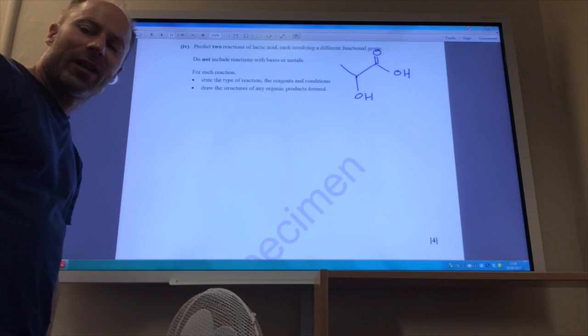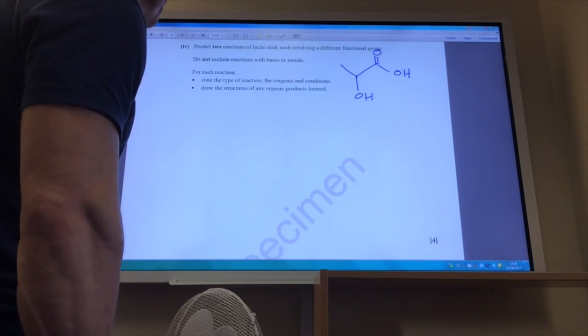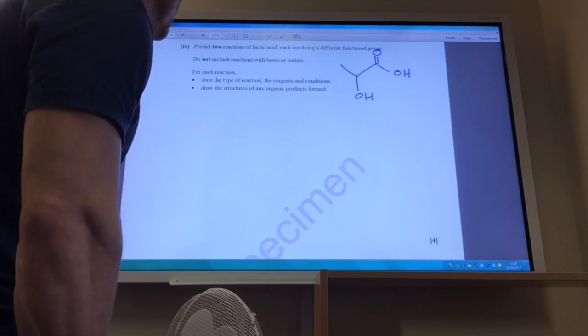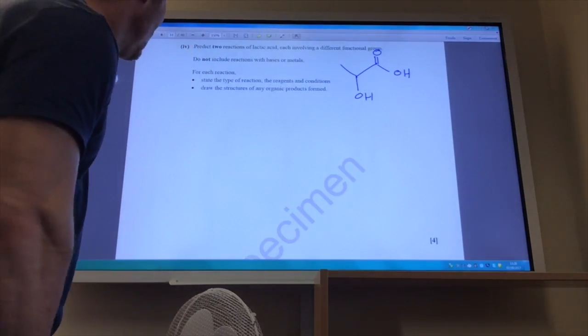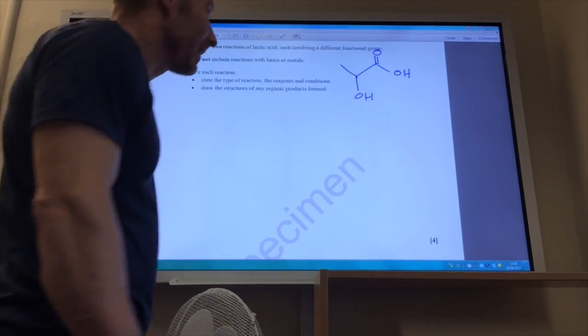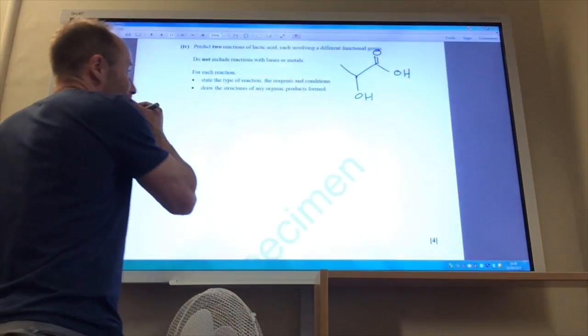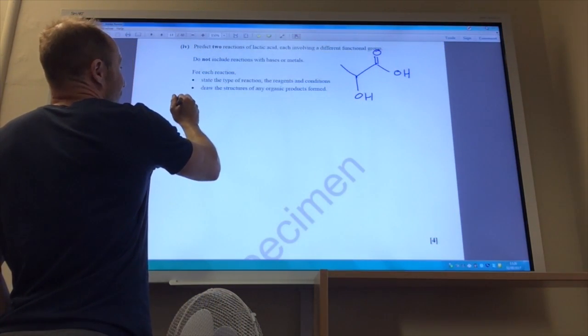Okay, so you can kind of let your imagination go wild here. Predicting 2 reactions of lactic acid, each involving a different functional group, but we can't include bases and metals because we've already done that one. So, let's go for the acid first. How about we do some esterification first of all? So the first one is we are going to react it.